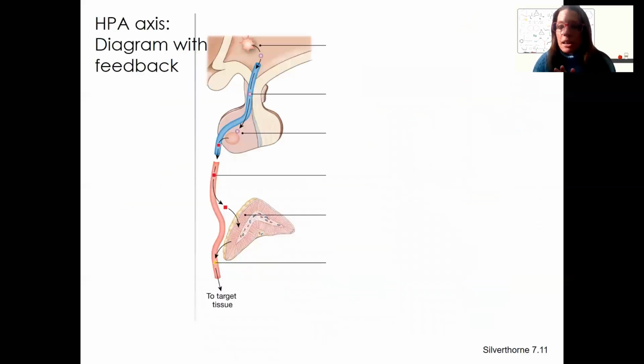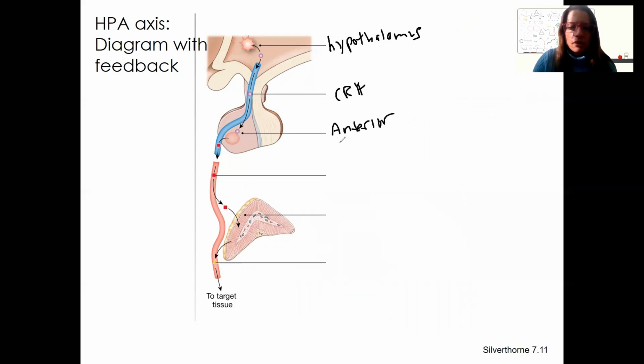Okay, let's draw this with the feedback. I want to draw it out first. So I'm going to go through and label these. Can you label these? What's this region up here? This is the hypothalamus. What's it releasing? CRH. It's going to target the anterior pituitary, which releases ACTH.